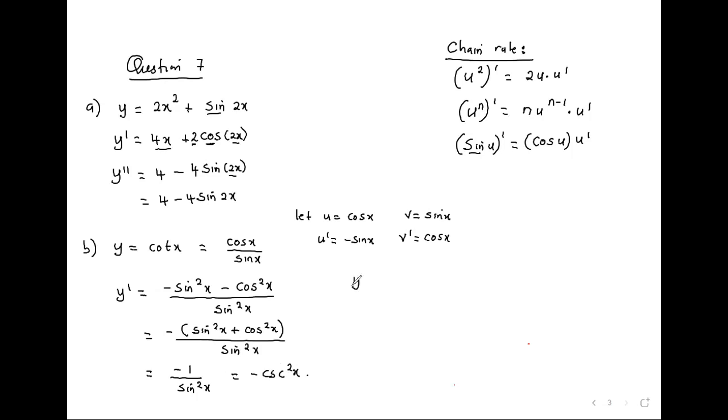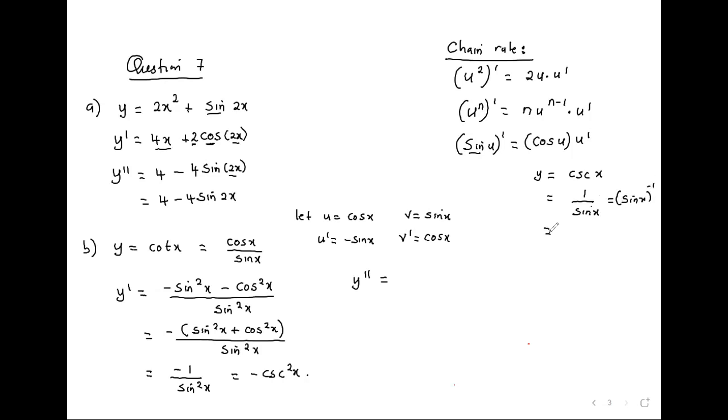So our second derivative is the derivative of negative cosec squared x. So what's the derivative of cosec? If y is equal to cosec, what is the derivative of cosec? To avoid memorizing, we know this is 1 over sine x. You can choose to write this as sine x to the power negative 1.